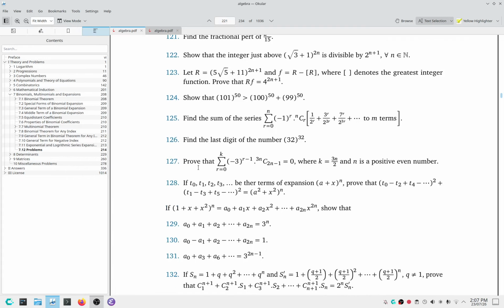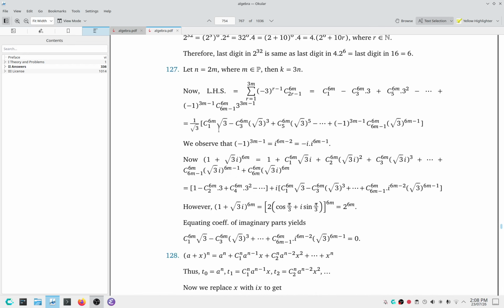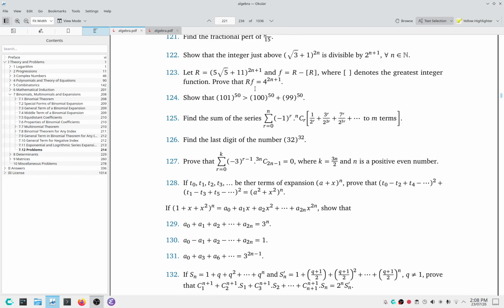Question 127 says that prove that sigma r is equal to 0 to k, minus 3 to the power r, minus 1, 3n c2n minus 1 is equal to 0, where k is equal to 3n upon 2 and n is a positive even number. So we let n is equal to 2m, where m is in the set of positive integers, then k is equal to 3m. Because k was given 3n upon 2, so k is equal to 3m actually. Now the left hand side we expand, it becomes r is equal to 1 to 3m. 0 will give the negative power here, so it should be 1.